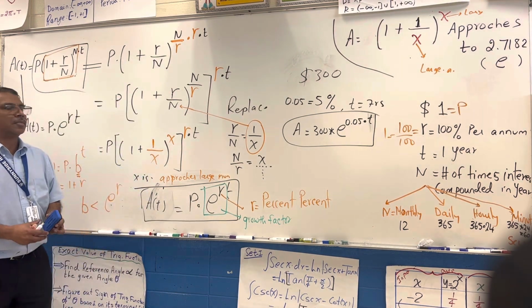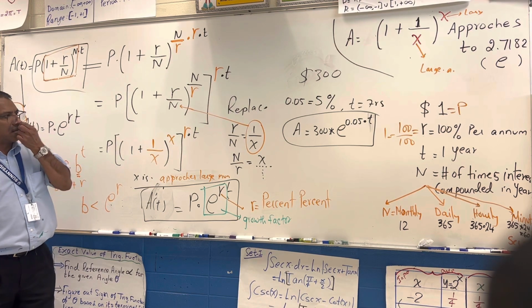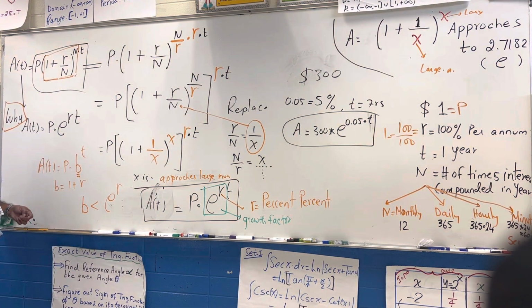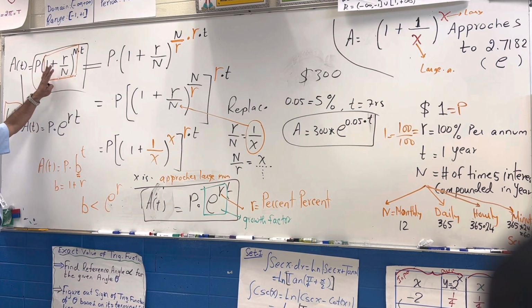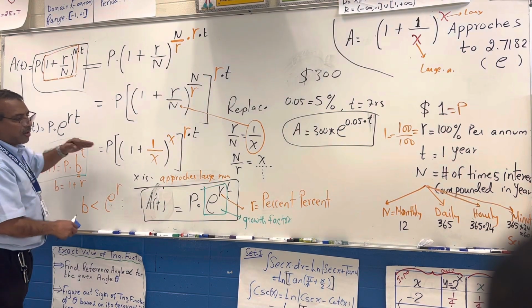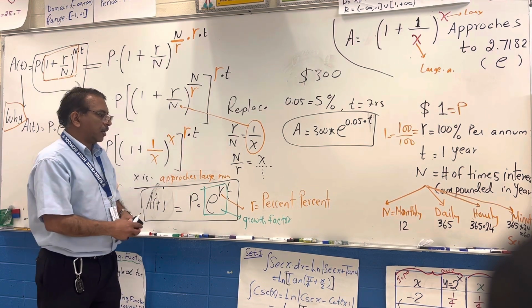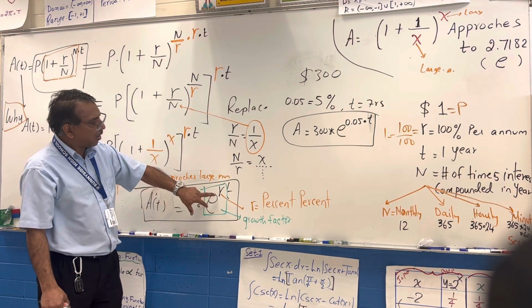So anyway, the learning target for this was just to prove that if you know this part, A(t) equals P times b raised to t, everybody is aware of this formula, but the point is, if you are making it continuous, calculating the amount in a fraction of a second, then what is the growth factor?